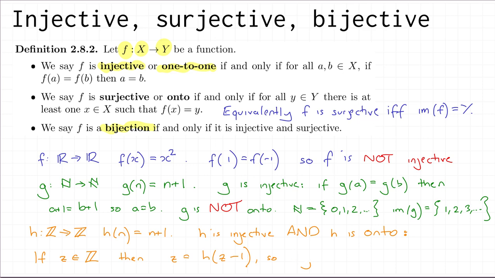So let me put this in a more straightforward way. The image of h equals Z. We've shown every element of the codomain is actually in the image as well.